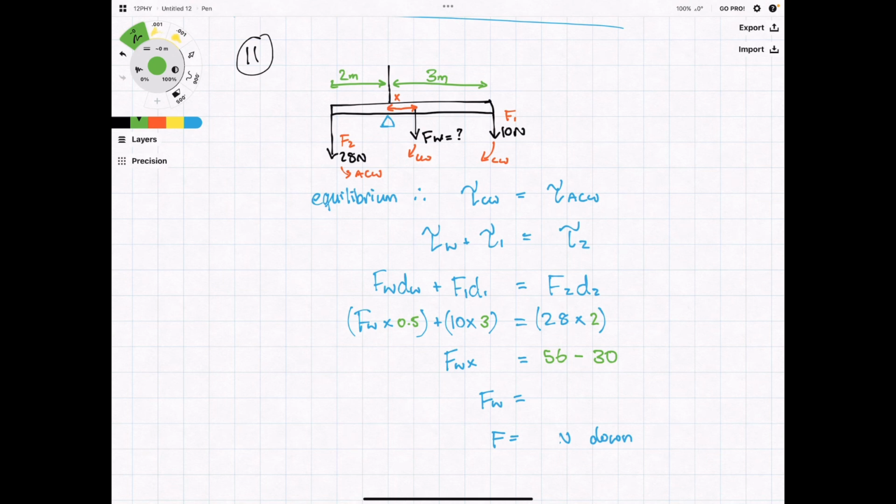Okay, that's still 0.5. 56 minus 30, oops, is 26. Divide by 0.5 should equal 52 newtons down, which is much more accurate. There we go. So, easy mistake to make, getting the distances wrong, but we followed the same method, which is nice. Okay, so that's all that.